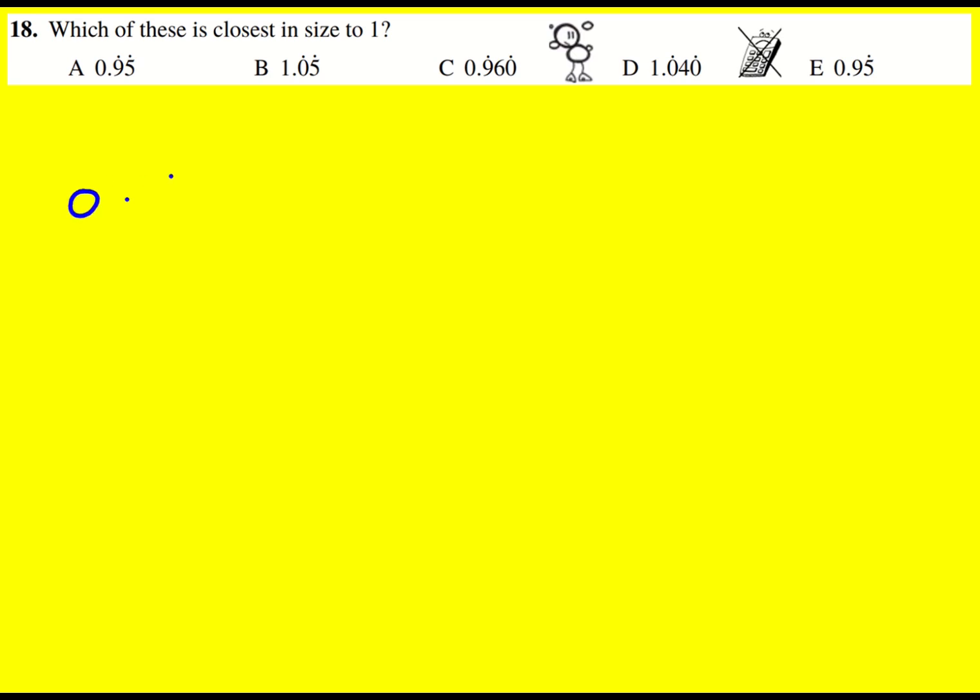I'm going to write some of these out in full, basically. It's a bit easier to compare place value then. So 0.959595.